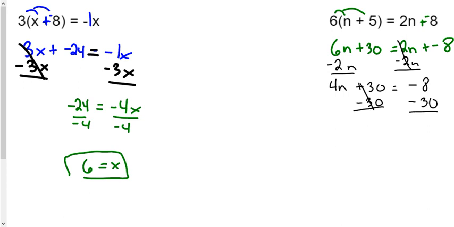Drop everything and finish the subtracting there. And now we can divide both sides by 4. And don't be alarmed, it's not always going to be a whole number for your answer. This would be negative 9.5.